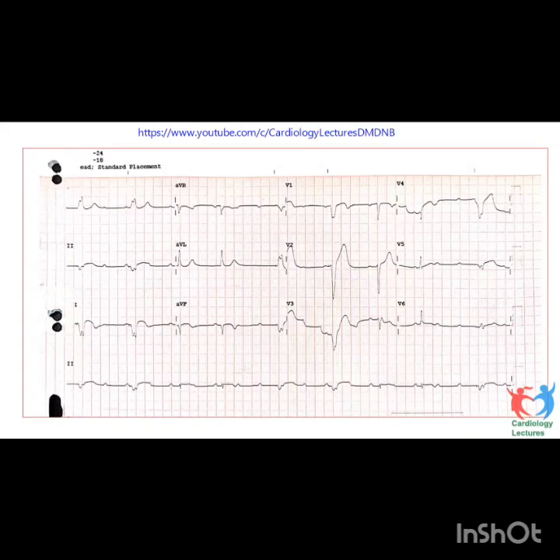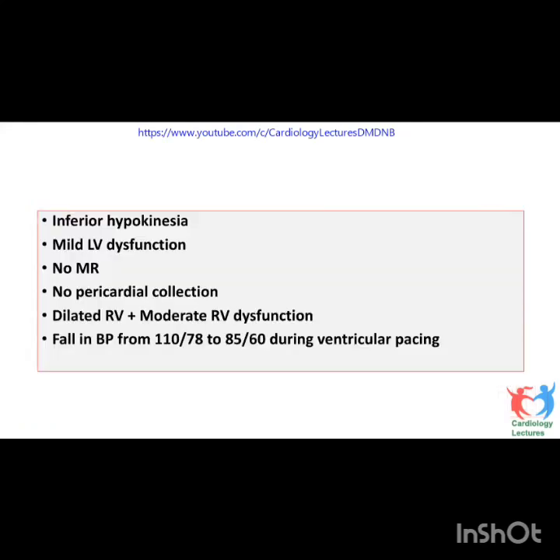In RV myocardial infarction, AV synchrony becomes very crucial for us. Unlike an anterior MI, an RV is a chamber which needs good filling. It's a preload dependent chamber, and the atrial contribution to RV filling is very essential, and that is lost in complete AV block. And that is how these patients don't tolerate this complete AV block, and they don't do well with only ventricular pacing.